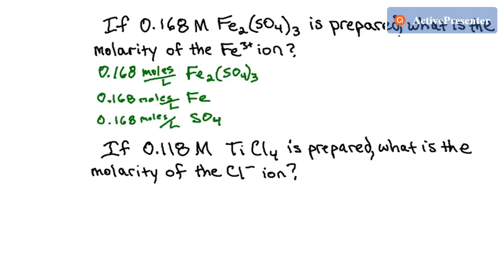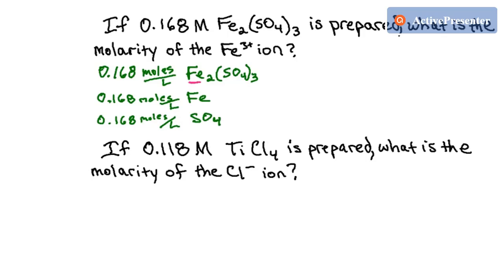So everything, if you break it apart into its individual ions, then it's still going to be 0.168 moles per liter.